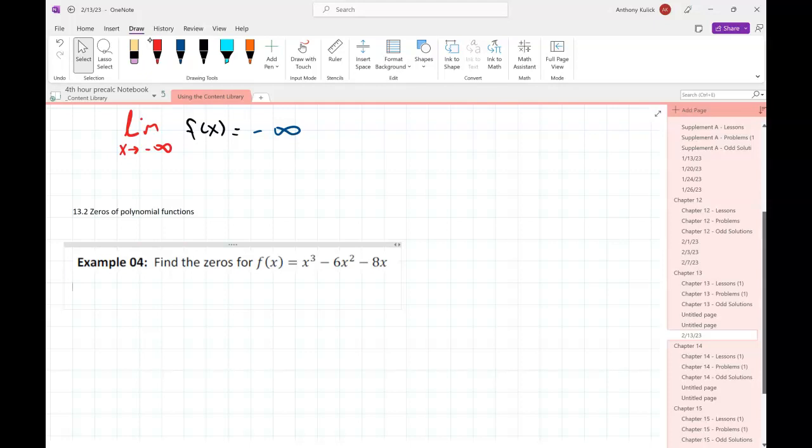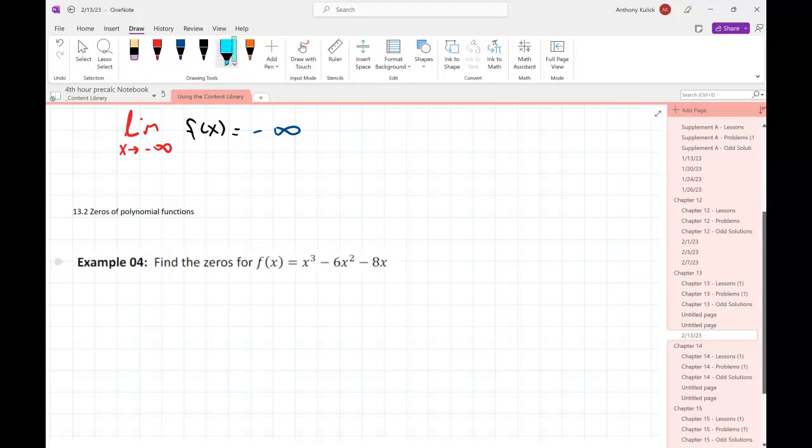What's the y-coordinate of any x-intercept? Zero, because it's on the x-axis. The y-coordinate has to be 0.